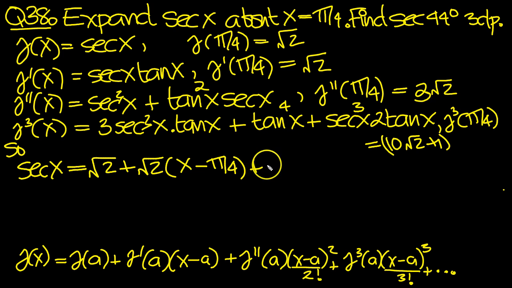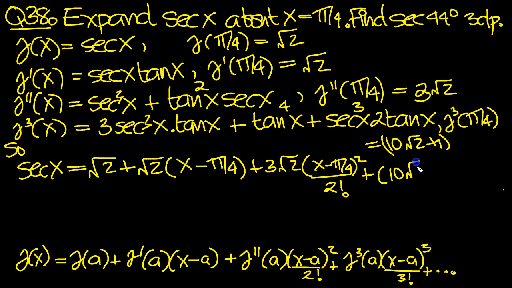Plus f double dashed, which is 3 root 2, times x minus a squared over 2, so x minus pi over 4 squared over 2 factorial, plus the next term is f triple dashed, which is 10 root 2 plus 1, times x minus pi over 4, this time cubed, over 3 factorial, and the series continues. So put in x equals, now 44 degrees, sec 44 degrees, so x equals 44 pi over 180, isn't it, as radians?